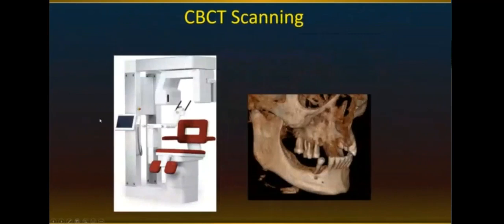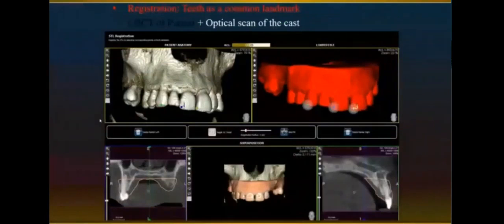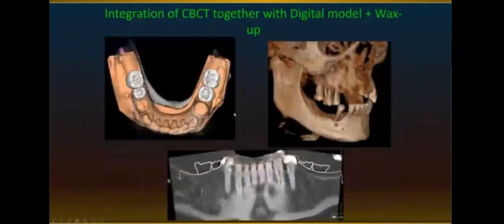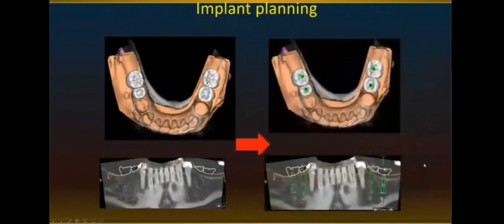And then you have the CBCT scanning, and it's preferable to correlate between the CBCT, which shows the bone, and the digital model that shows the surface structures, including the soft tissues. Then the CBCT and the model together with the wax up can be integrated. Then you can make your restoration based on the wax up.